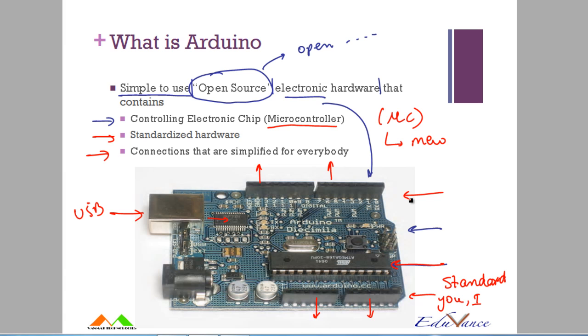So to summarize this point, Arduino is a very simple to use, as you'll see as a part of this course, open source hardware platform that mainly contains a microcontroller chip, some standardized hardware, and connections that are scalable and can be used by everybody.